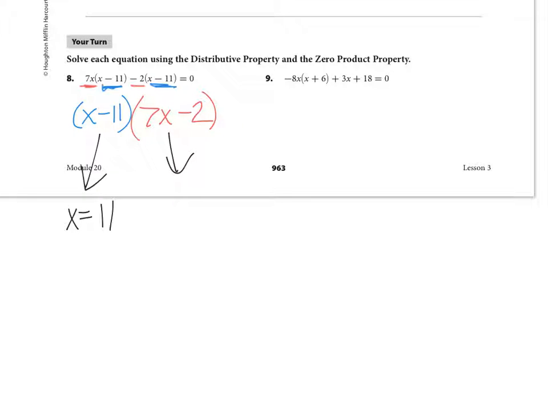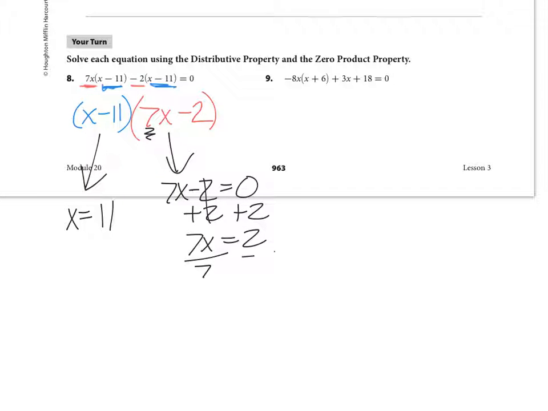Okay, that one's a little bit more complicated just because this has a coefficient. So there are a couple ways you can do this. You can go back and work it as an equation, set it equal to 0, add 2, 7x equals 2, then divide by 7. And if you do that, you get x is 2 over 7.